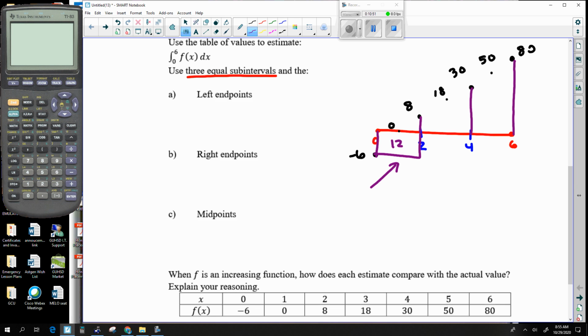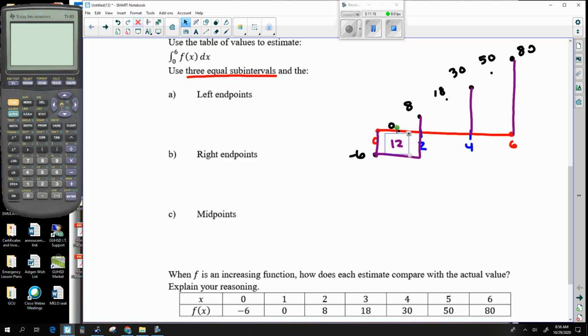A base of 2 and a height of 6. It has an area of 12, but because it's underneath the x-axis, this area is technically negative 12. It'll come out in the wash when you recognize the height as negative 6, but just heads up if you see it later on down the road.